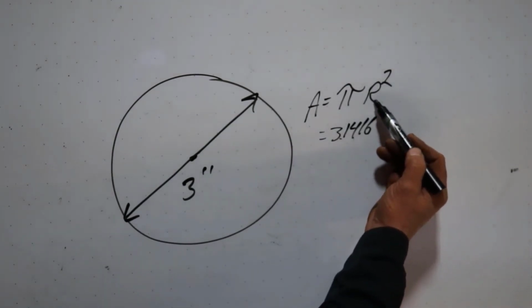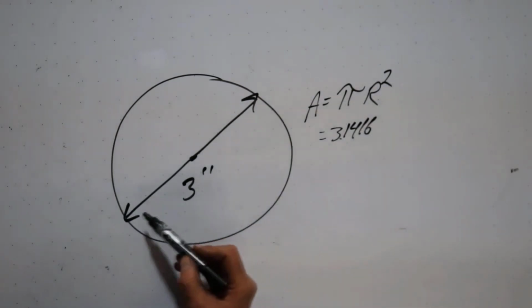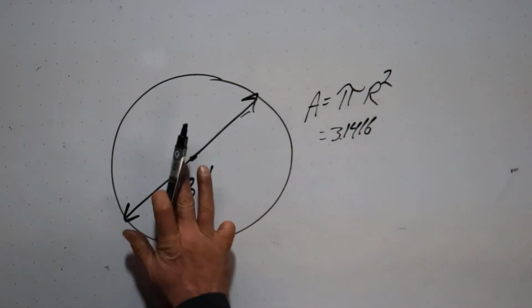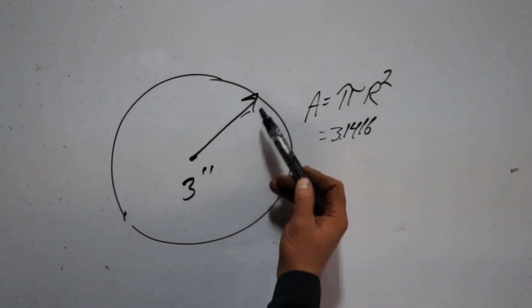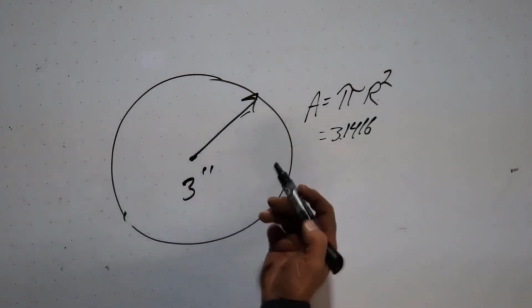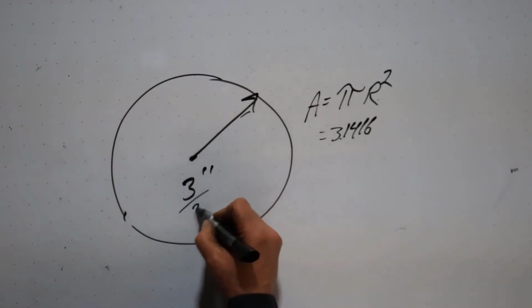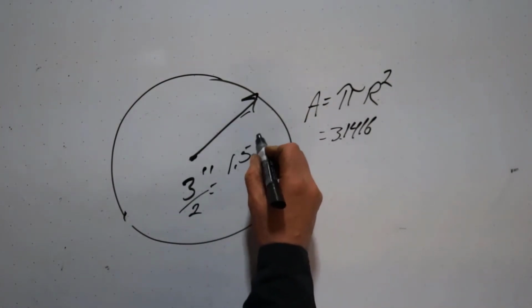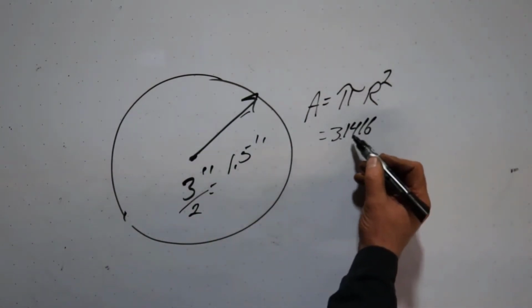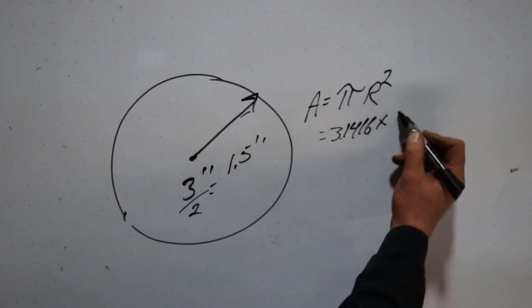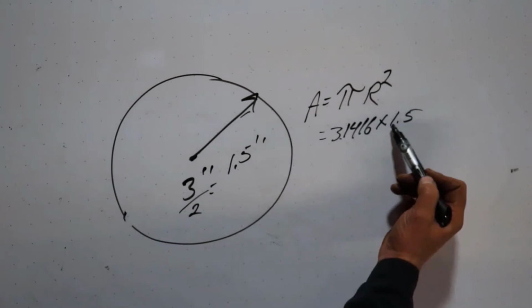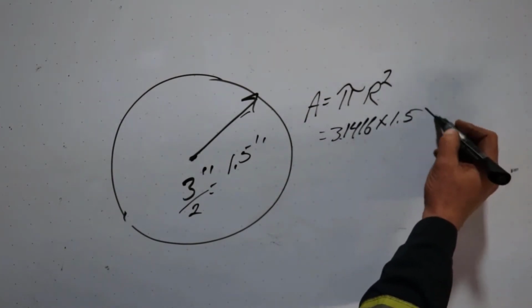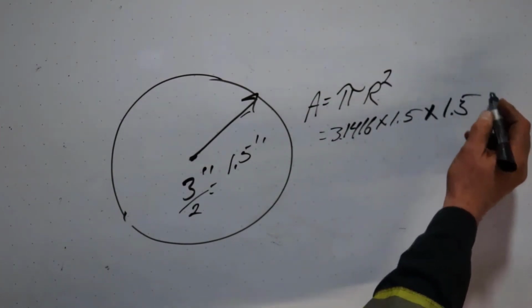R squared, R stands for radius. So this is diameter. So that means from the center of the circle out is radius. So I just take the diameter and divide it by 2. That equals 1.5 inches. So 3.1416 times 1.5, and it's squared, so the radius times the radius again, times 1.5.